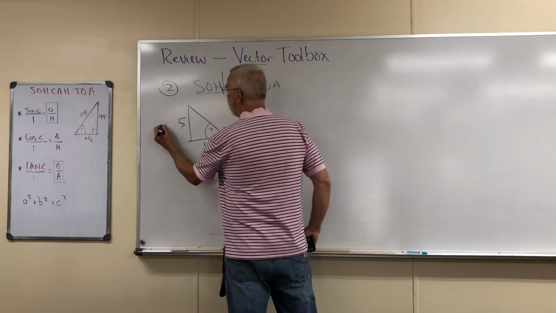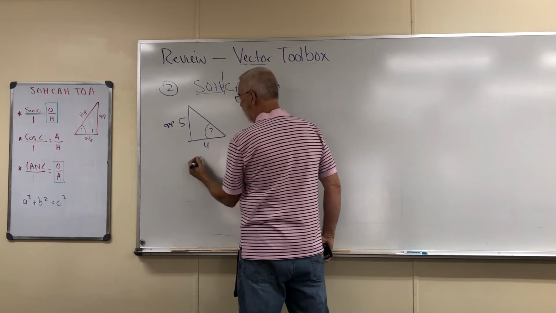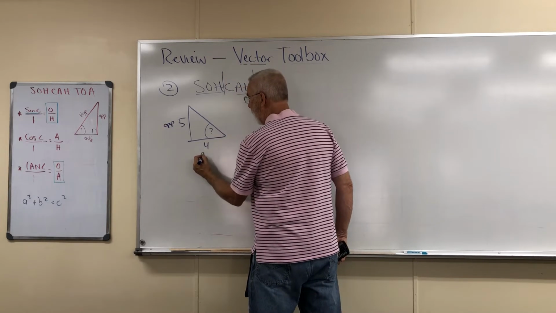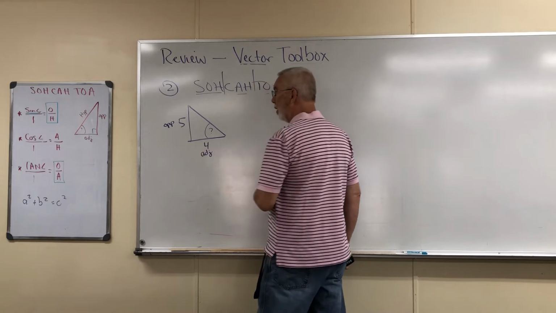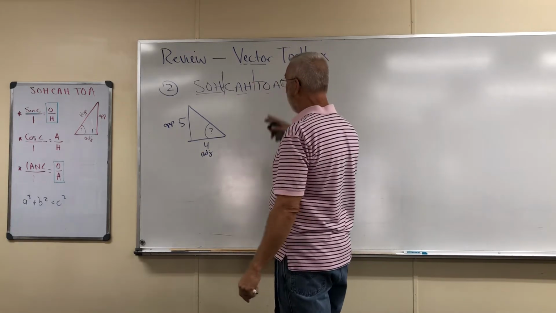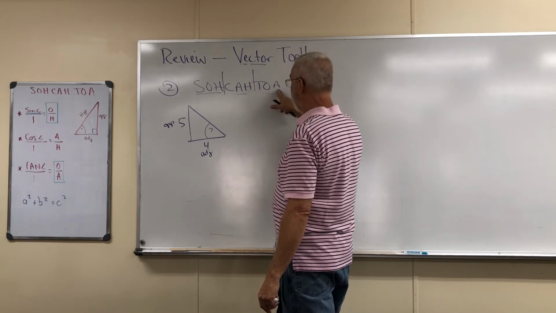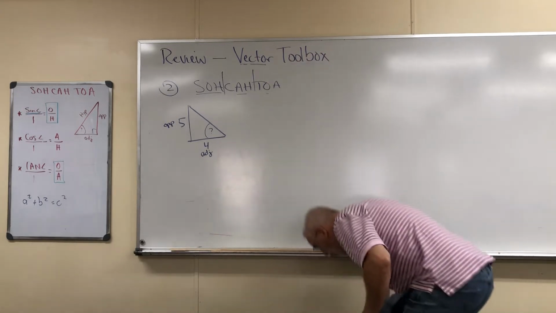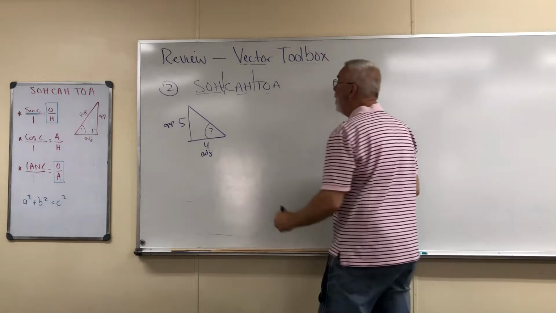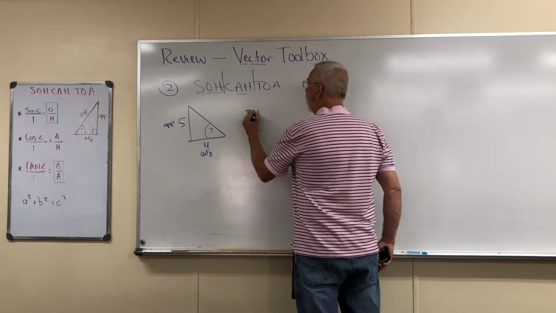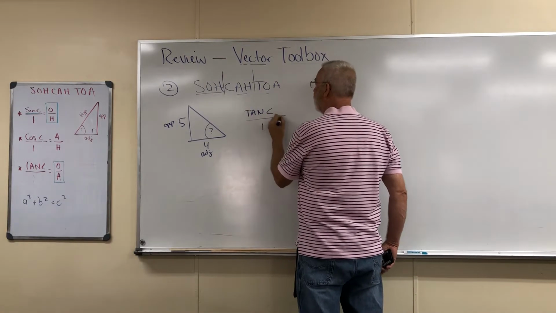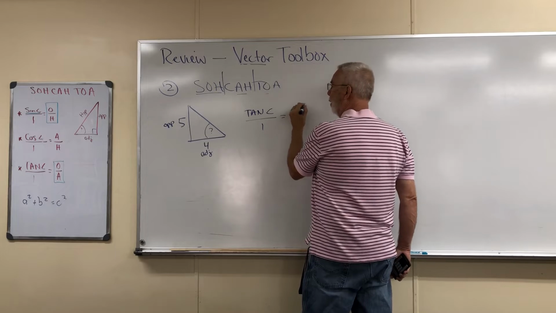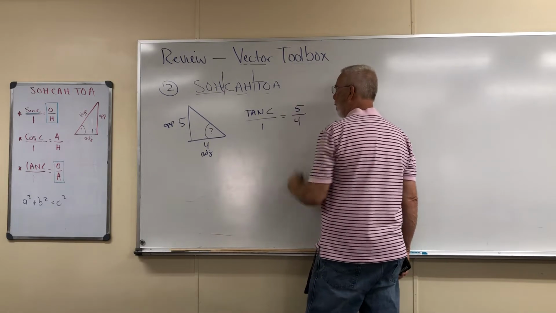We see that this is the opposite side that they've given us, and this is the adjacent side that they've given us. When we look at SOH CAH TOA, opposite over adjacent shows that we need to use the tan function. Great day. Here we go. So the tan of the angle over 1 is going to be equal to 5 over 4.